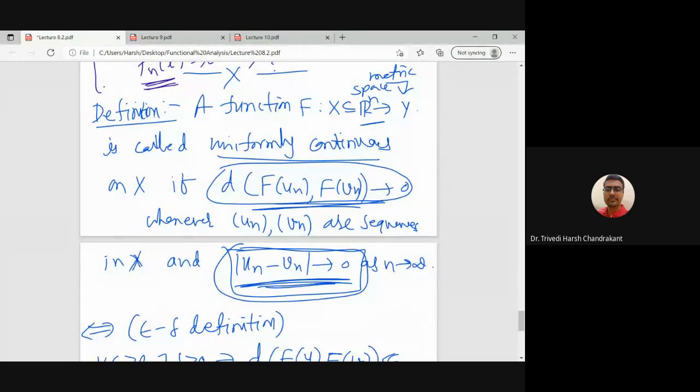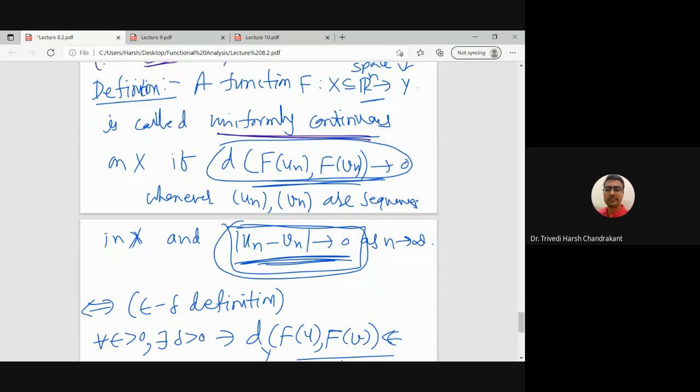After that we discussed continuity in terms of uniformity. Uniform continuity is equivalent to the condition that the distance in Y of f(u_n) and f(v_n) converges to 0 whenever u_n and v_n are sequences whose distance converges to 0 in the usual metric.